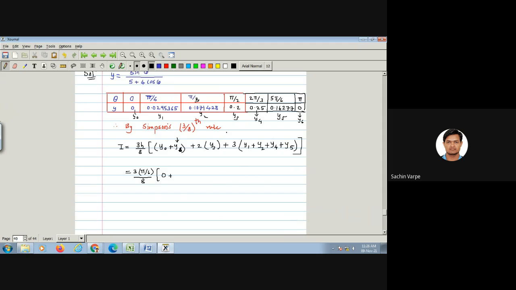Substitute the values. 2 times y3, y3 is 0.2, plus 3 times y1, 0.0295365, plus y2, 0.107148, plus y4 is 0.525, and plus y5 which is 0.16277.